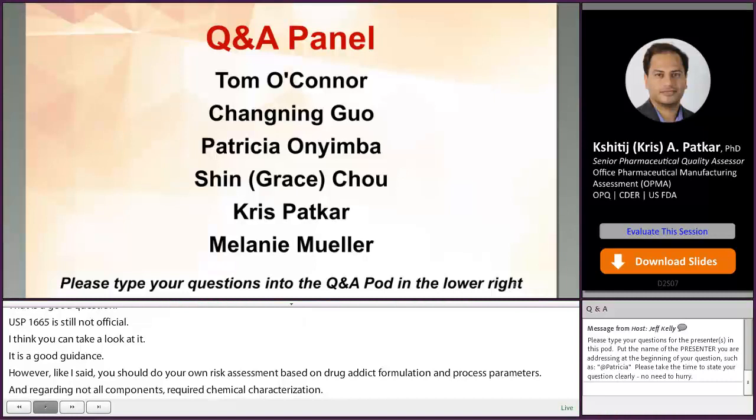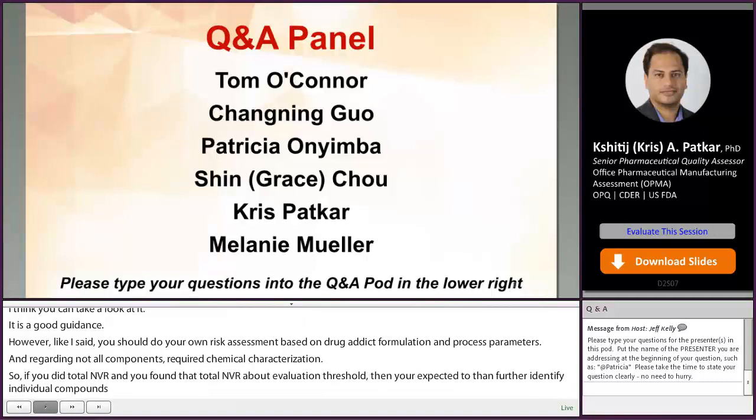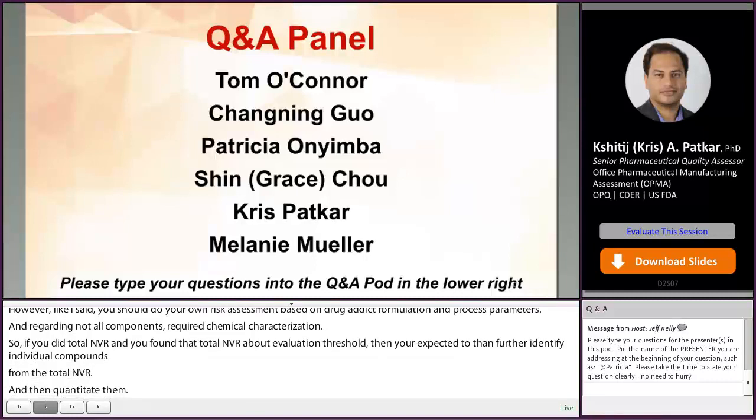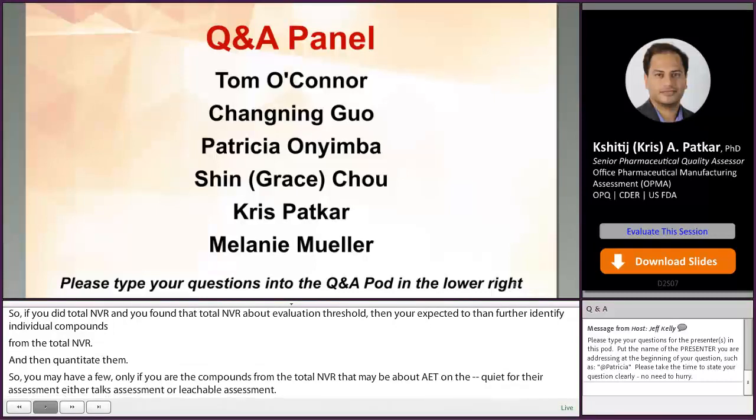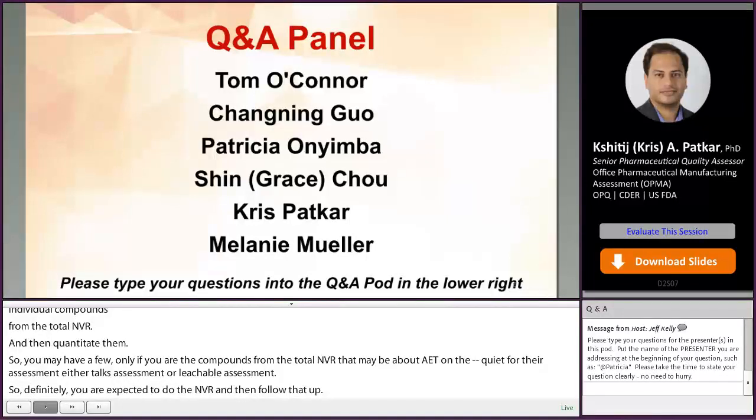You may have only a few of the compounds from the total NVR that are above AET, and they may require further assessment, either tox assessment or leachable studies. So definitely you are expected to do the NVR and follow that up. But we also expect you to carry out semi-volatile and volatile component assessment.